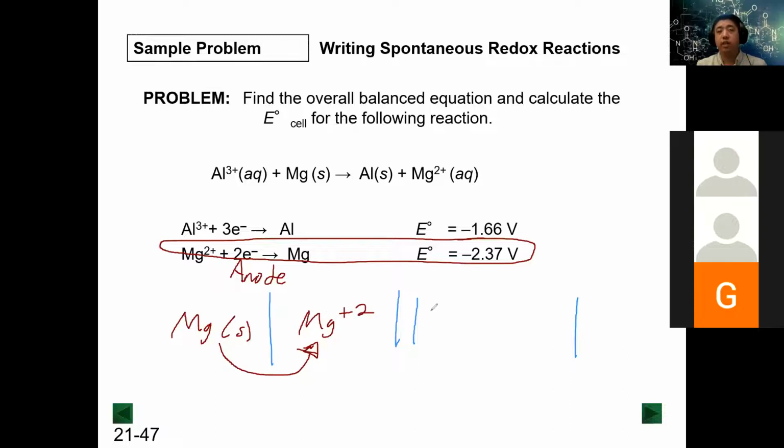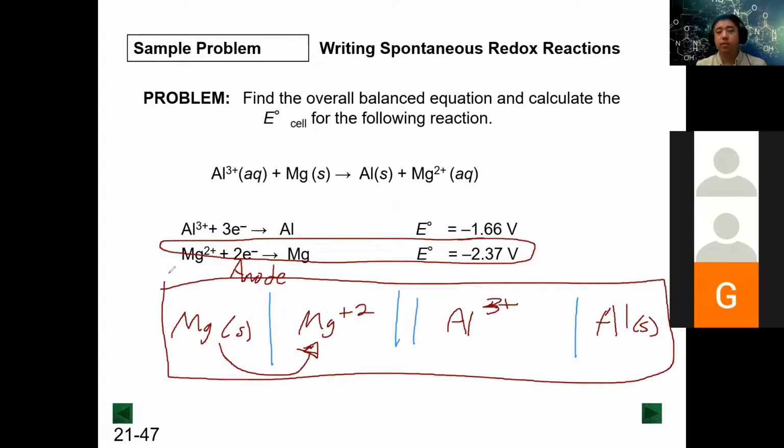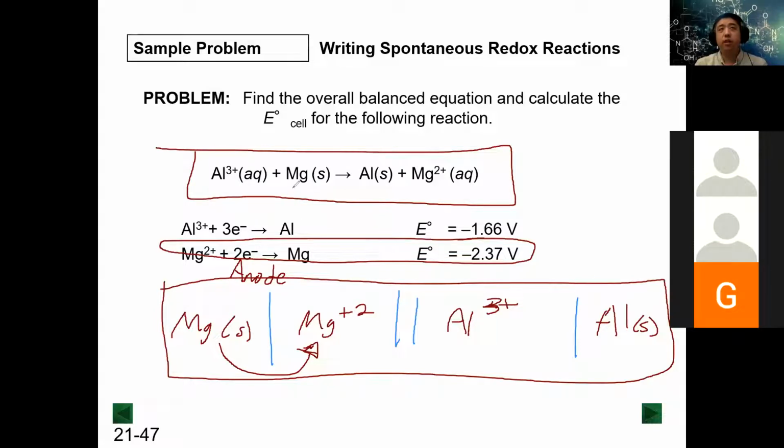And then on the other side, this is telling me that the cathode is undergoing reduction. So this is the one receiving those electrons and changing into a solid. Okay. Any questions about this here? And if you're also confused, when you go ahead and write your balanced equation, right? This is on the same side here.